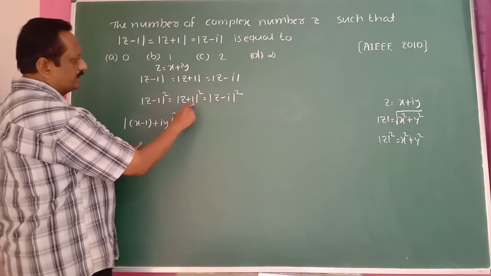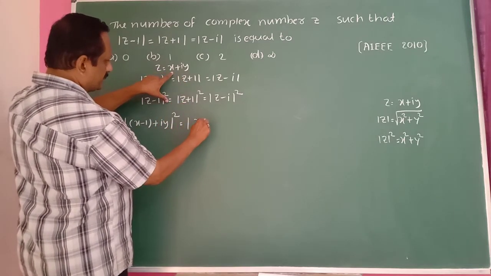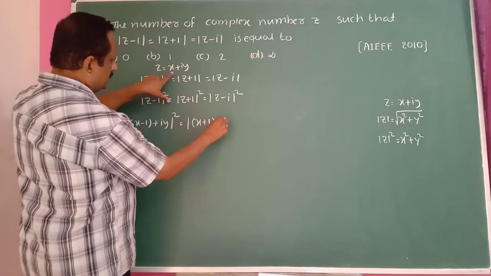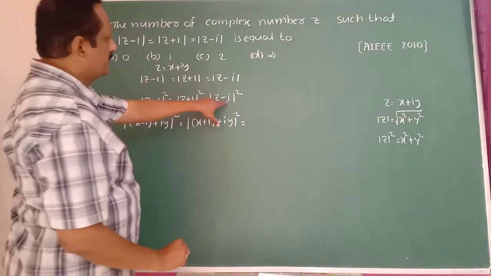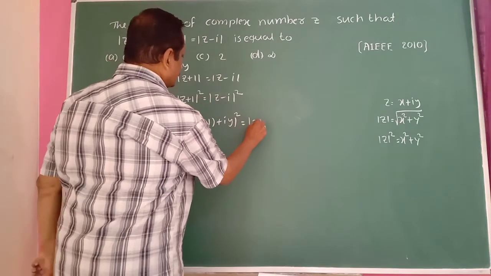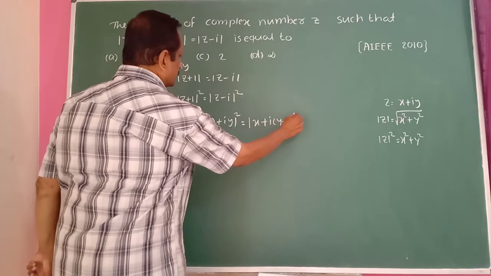And z plus 1 gives x plus 1 plus i y, modulus square. And z minus i means x plus i times y minus 1, modulus square.